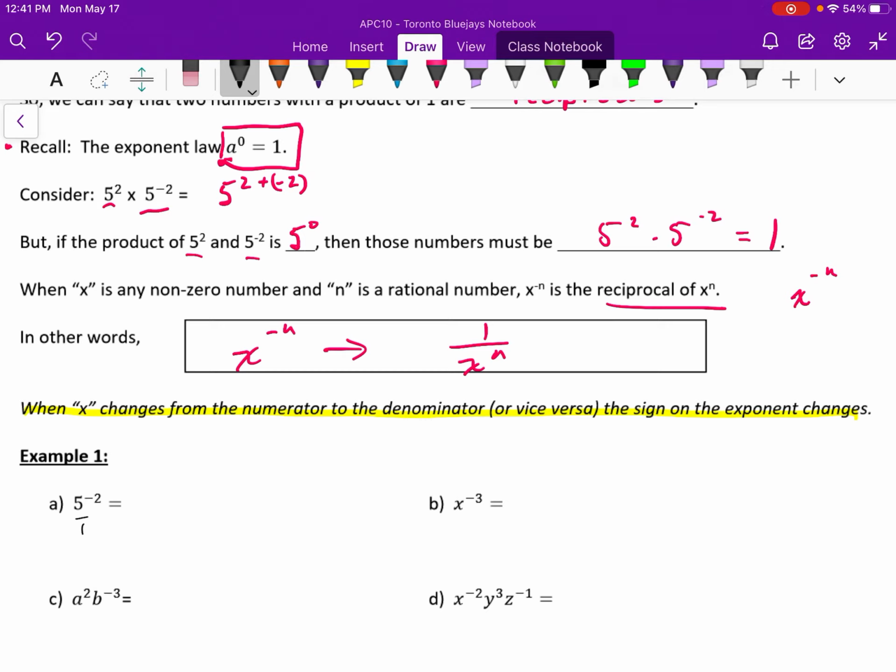Now, whenever I see a negative exponent, I think of the reciprocal. Now, notice how 5 to the -2 was in the numerator, and then if you put it in the denominator, it becomes a positive exponent. Similarly, x to the power of -3 becomes 1/x to the power of 3.